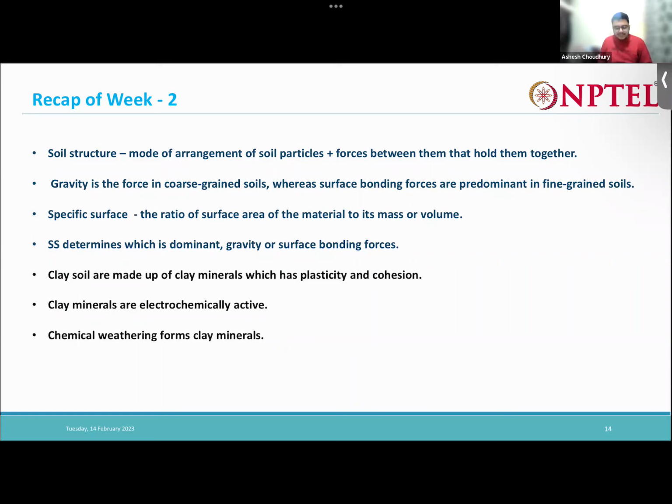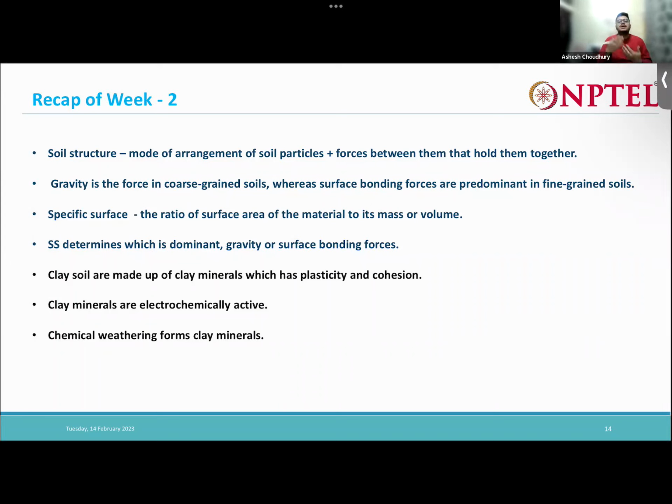Now, what forms our clay minerals? Clay minerals are formed by chemical weathering. There are rock minerals, which are those constituents which form a rock. What happens? There is weathering, there is disintegration of the rock. So the rock breaks down into minerals, and those minerals undergo certain chemical changes during the weathering process.